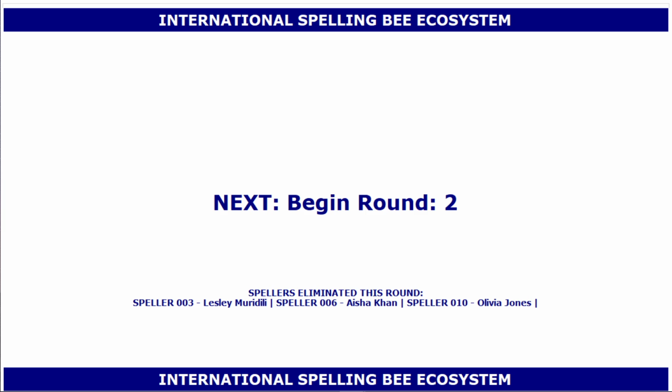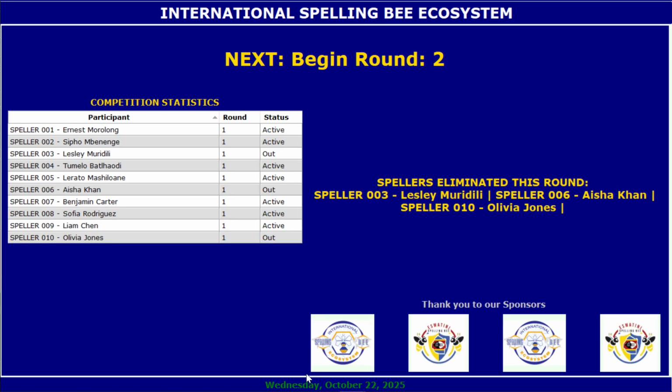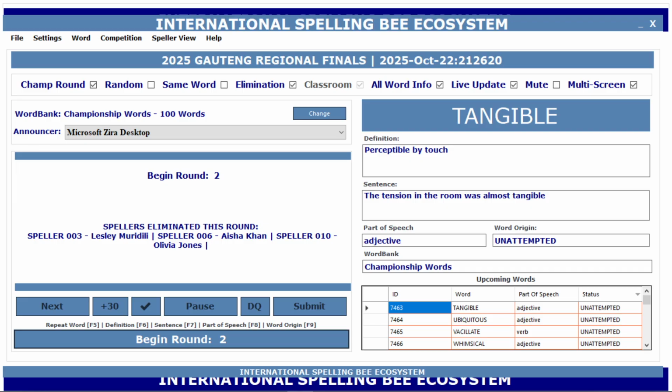Now, you will notice that at the end of the round, a list of spellers that have been eliminated are displayed. And then what we are going to do is show you that this is what the speller sees. And also if we show you what the audience sees, that's exactly what the audience sees. And then if we want to show what the judges see, we will then also show you what the judges see.